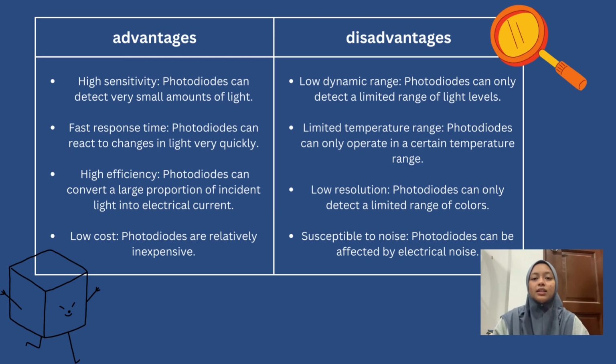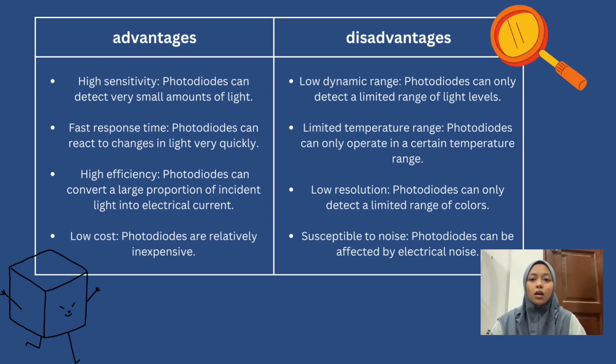Next is the disadvantage of photodiode. Firstly is low dynamic range. Photodiode can only detect a limited range of light levels. Secondly, limited temperature range. Photodiode can only operate in a certain temperature range.